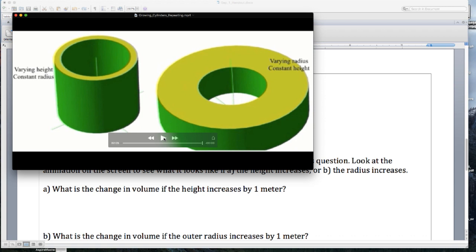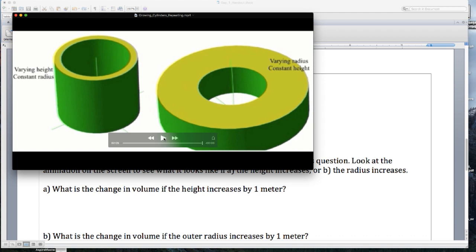So if you have the original one, then you have to calculate the volume with the increased height. That's your inner ring.